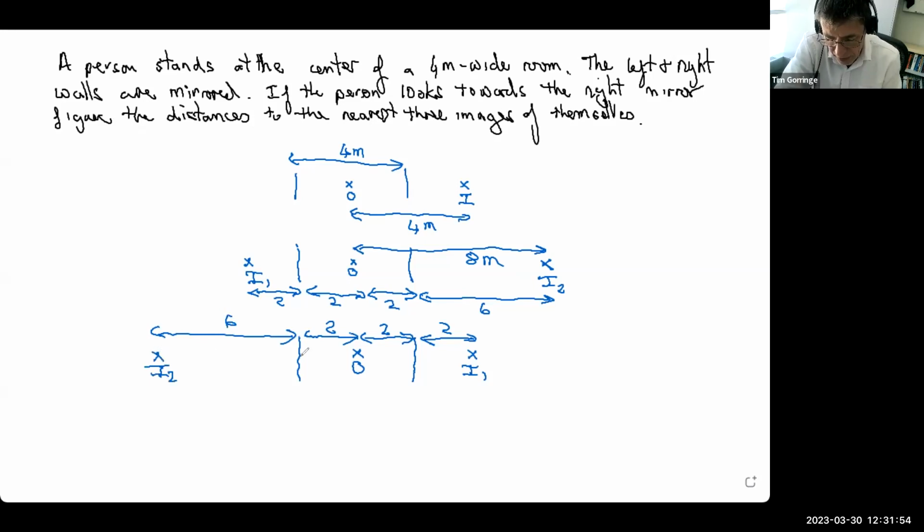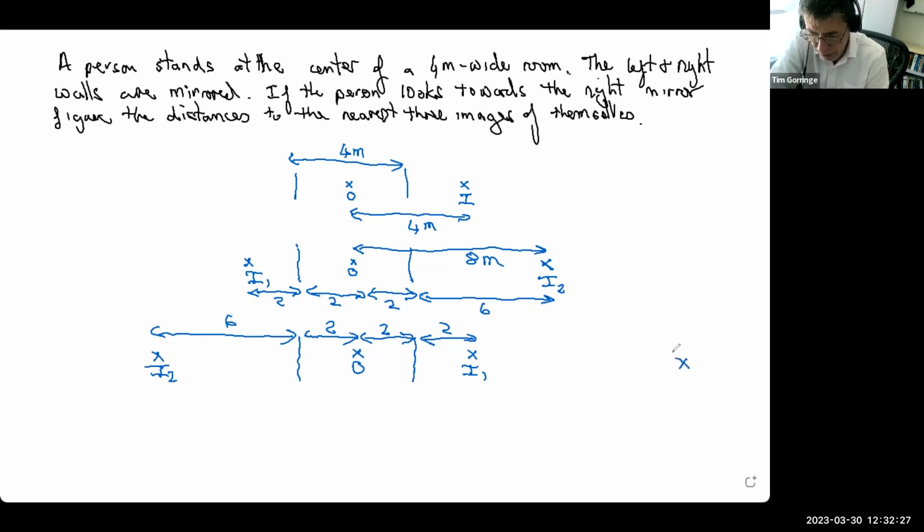That second image that's formed by the left-hand mirror is going to become now an object for a second reflection in the right-hand mirror over here. If we look, it's 6 plus 4 meters away from this mirror. And so the next image in the right-hand mirror will be 6 plus 4, 10 meters behind the mirror.